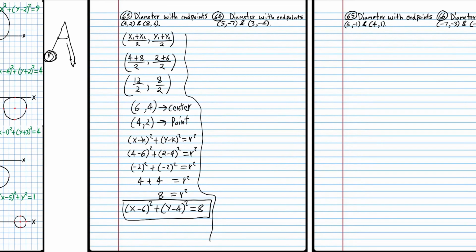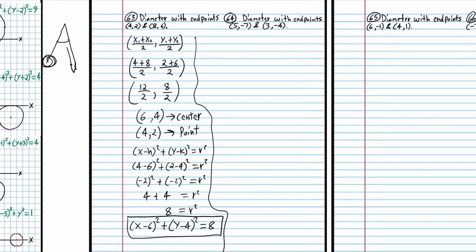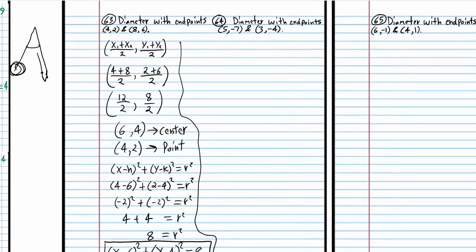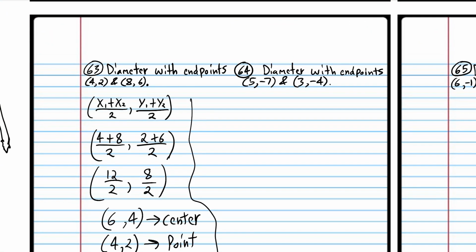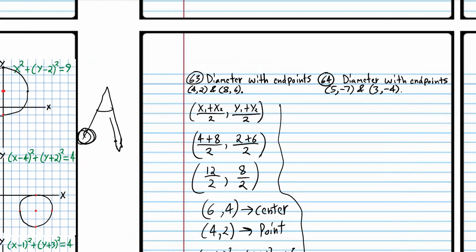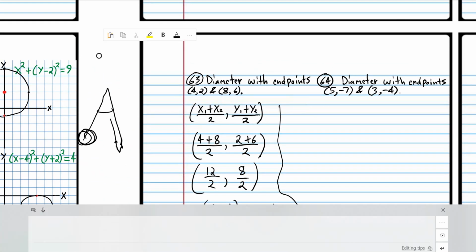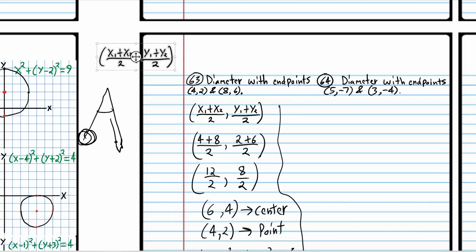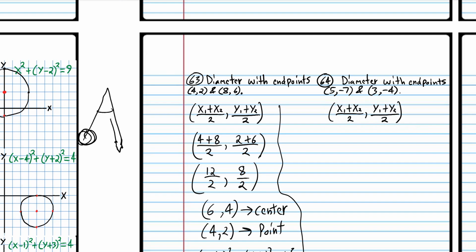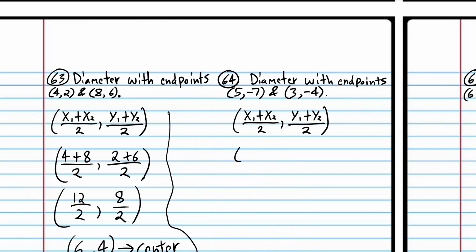All right, number 63, let's try this again. Another problem like that. So we need to use the midpoint formula, and I probably don't need to keep rewriting these formulas for time's sake, but I really want you to understand what's going on. So I'm going to rewrite that. So 5 plus 3 over 2.